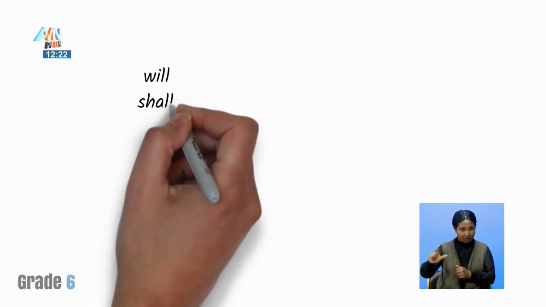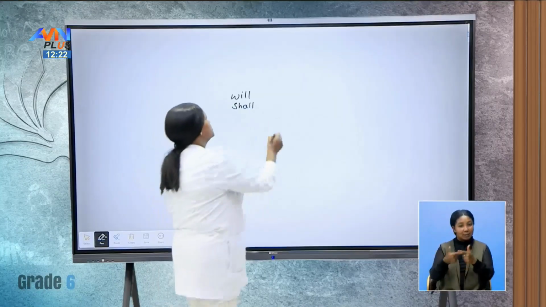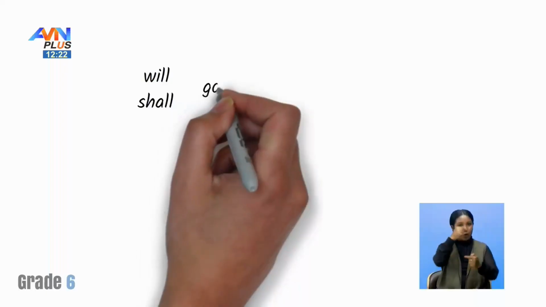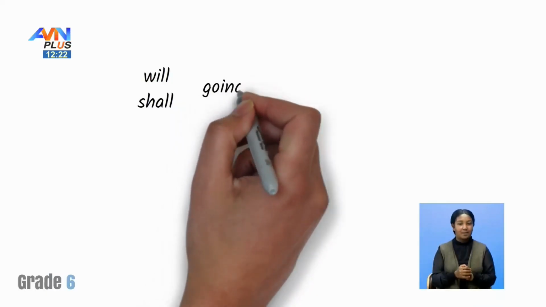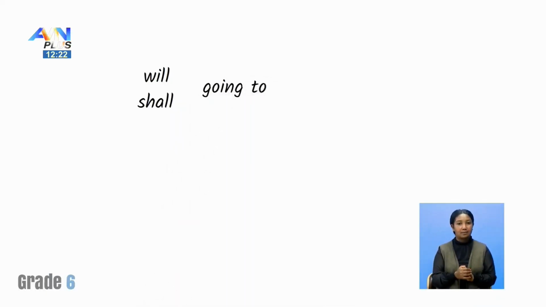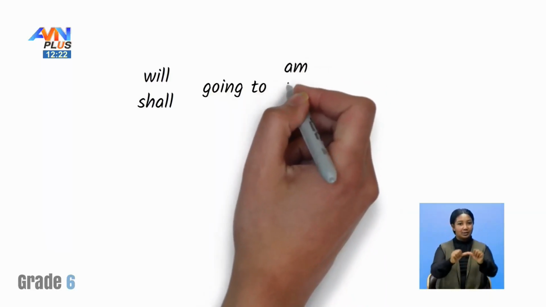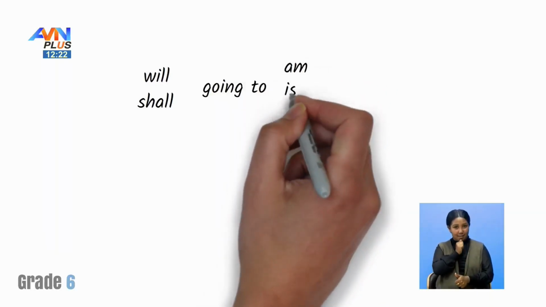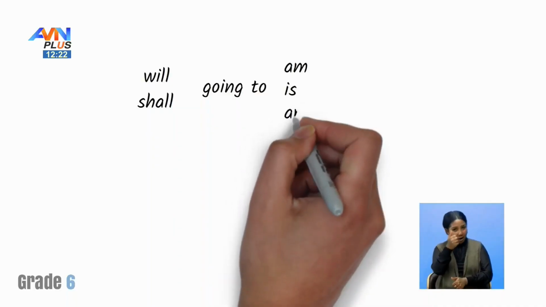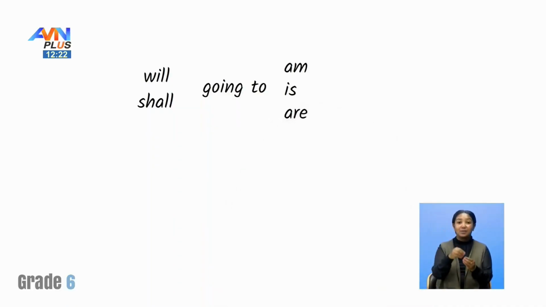And on the other side, or the second group, was going to. And the third one was the present continuous, which is is, are, plus verb ing.